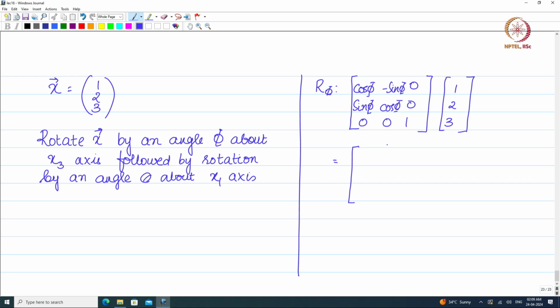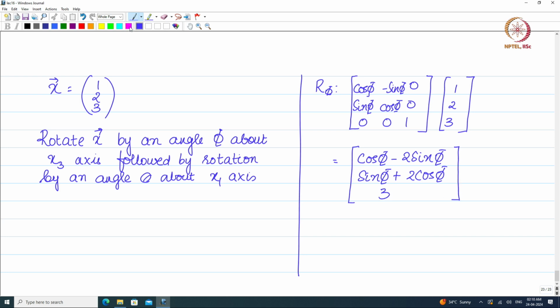What is it that I am going to get? I am going to get cos phi minus 2 sin phi, then sin phi plus 2 cos phi, and then I am going to get 3.